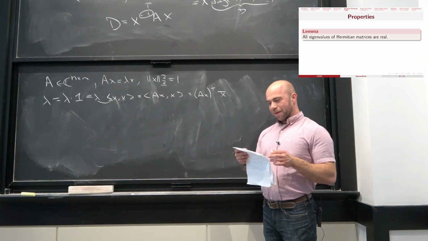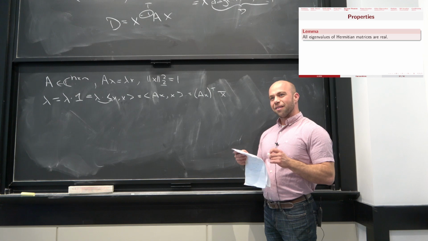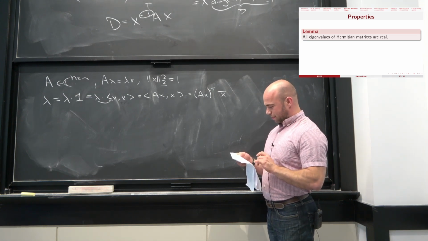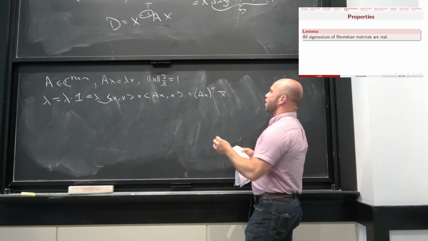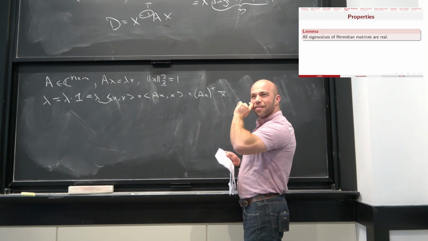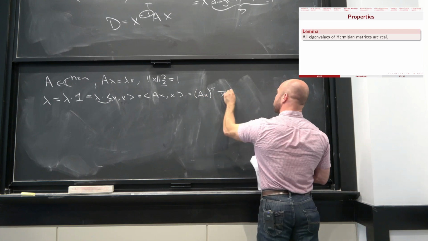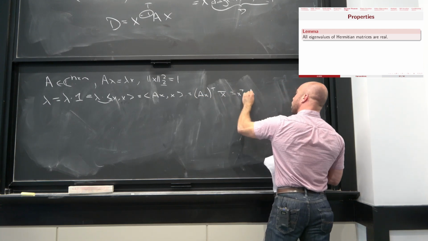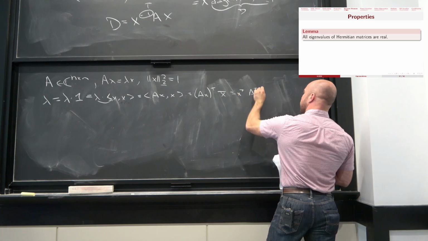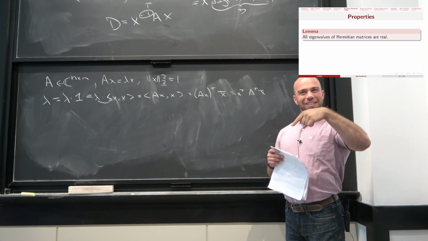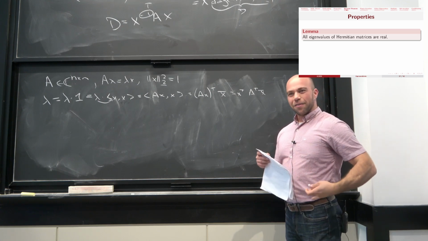Any ideas? What should we do from here? Well, it's important not to think too hard. So in particular, we can take this transpose and extend it out. This is equal to x transpose A transpose x bar. And remember that if I take the conjugate of a conjugate, I get back the value I started with.